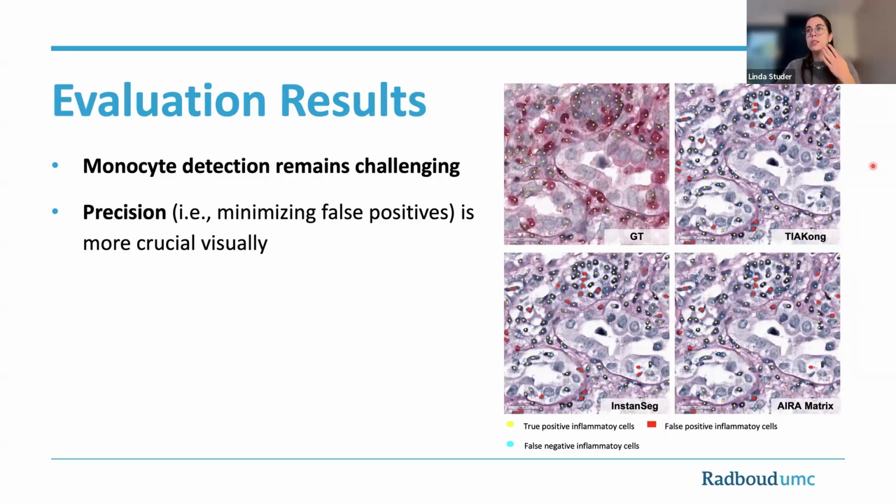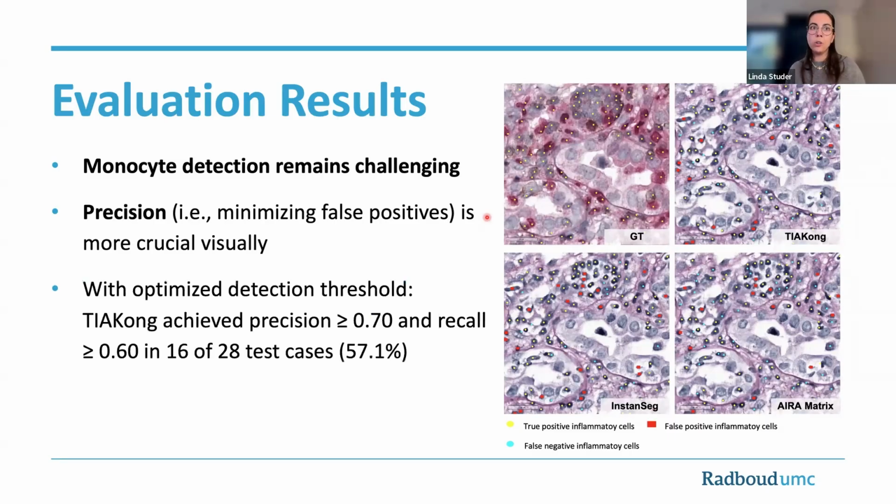So it was nice to see that the winning solution from TIA Kong was the one that had the least false positives. We even optimized the detection threshold based on what was found visually acceptable by the pathologist, which was a precision of over 70% and a recall of at least 60%.